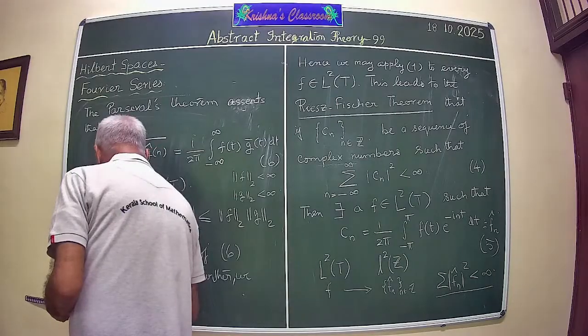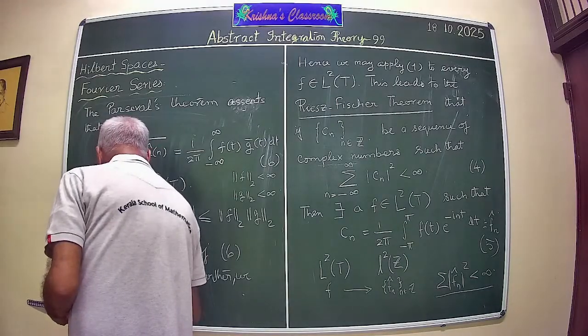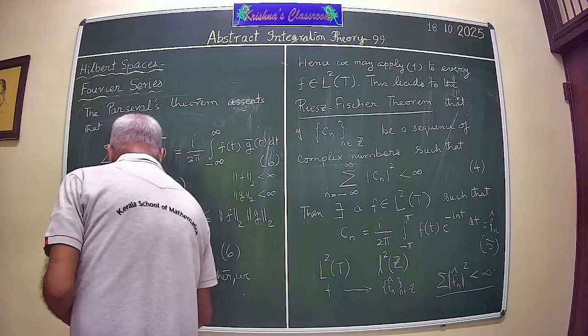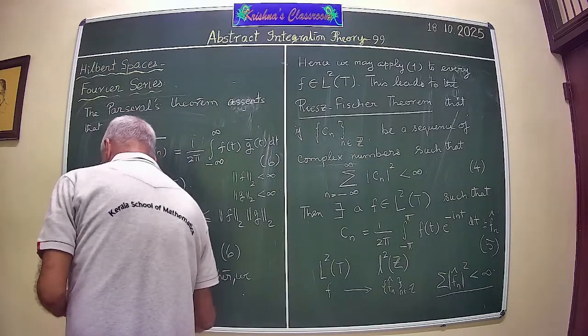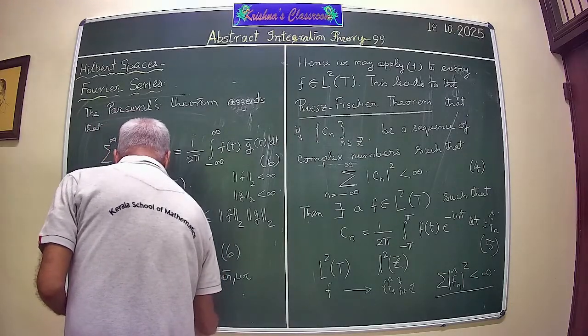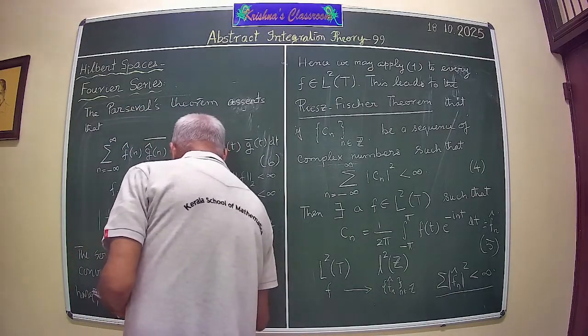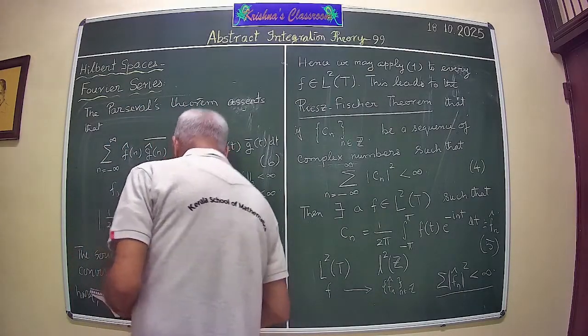the limit as n tending to infinity of the norm of f minus the partial sum S_n tends to zero.